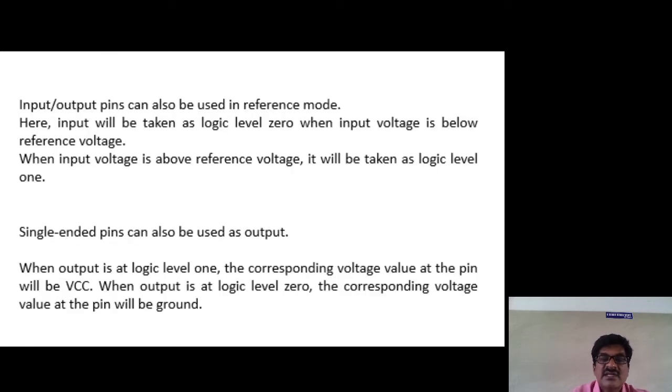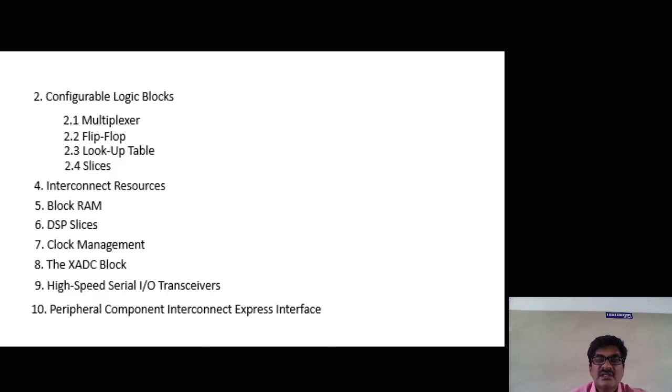Similarly, in the reference mode, the input will be considered as logical level 0 when the input voltage is less than the reference voltage. Otherwise, it is treated as a logical 1. Like that, the FPGA can interact with the outside world through these pins.